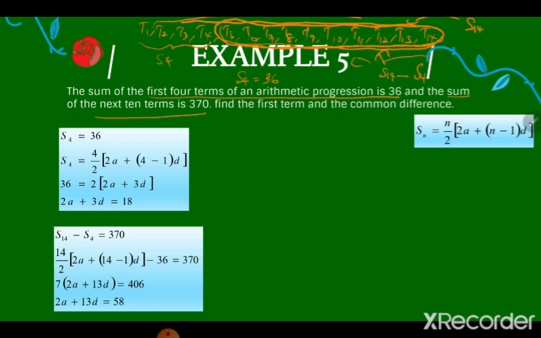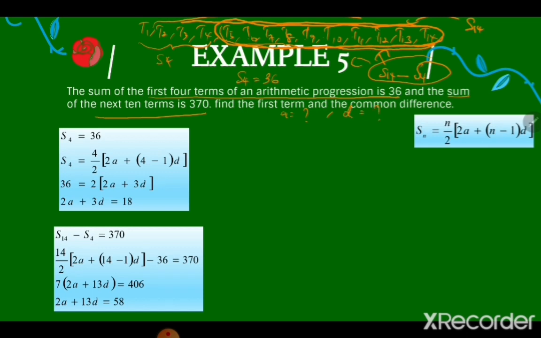You substitute n with 14 and then minus S4 will be 370, because S14 minus S4 is the sum of the next 10 terms. After we substitute and solve the linear equation, we end up with 2a plus 13d equals 58.